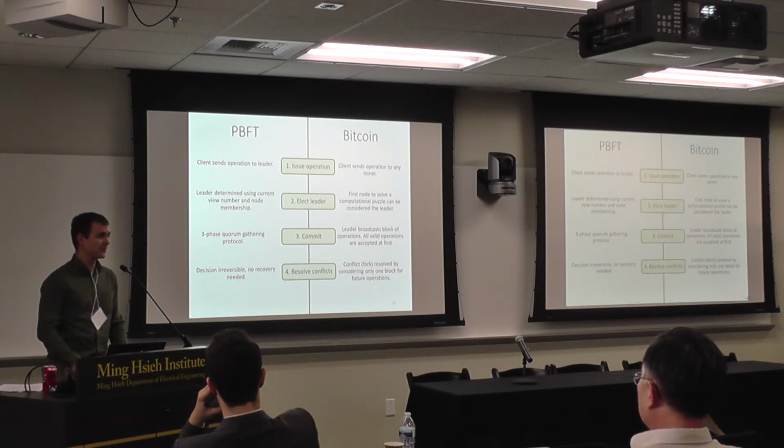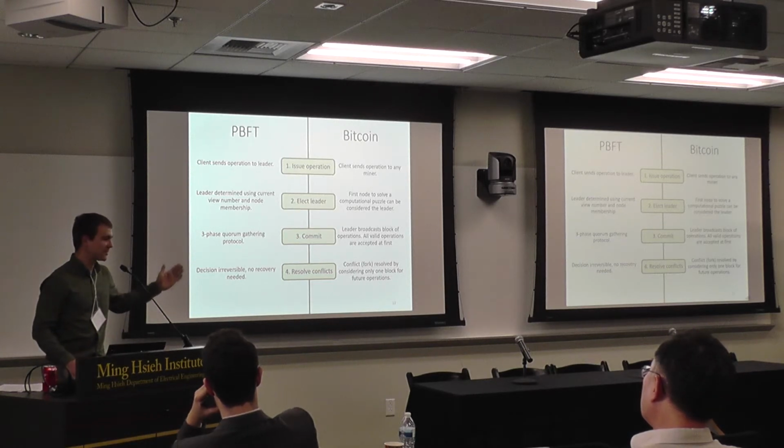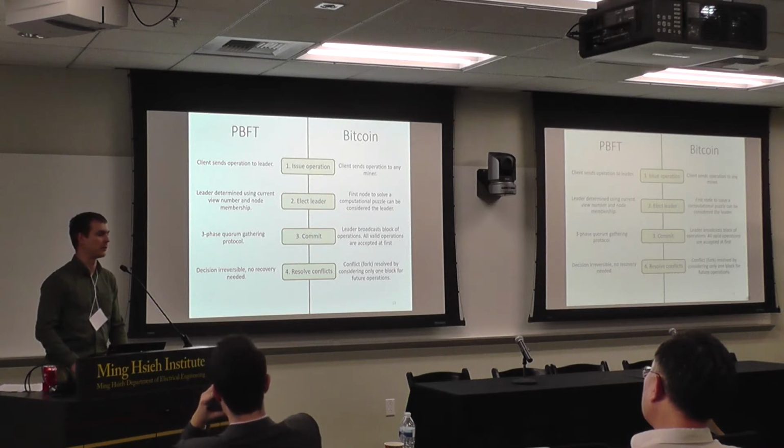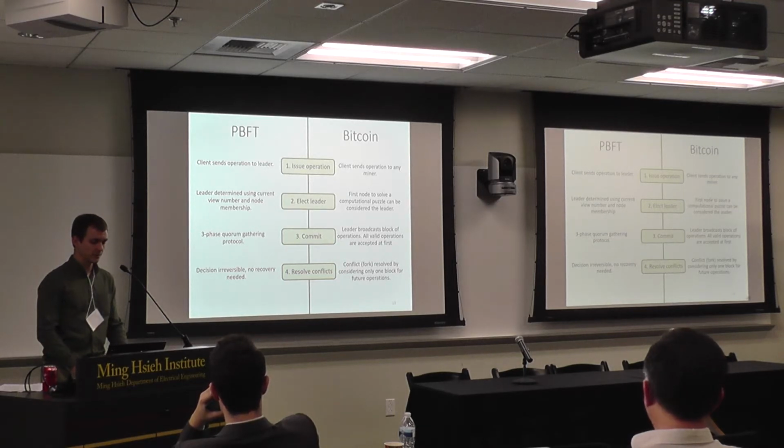In Bitcoin, there can be conflicts, and that's why this fourth phase is very important in Bitcoin, although it doesn't exist in PBFT. A conflict here, which means a fork for Bitcoin, is resolved by considering only one block of the fork, or only one branch of the fork, for future transactions, and only this helps us to reconcile conflicts.